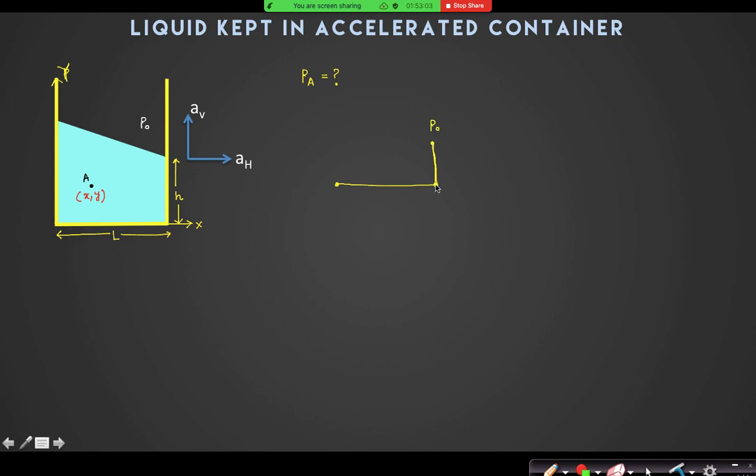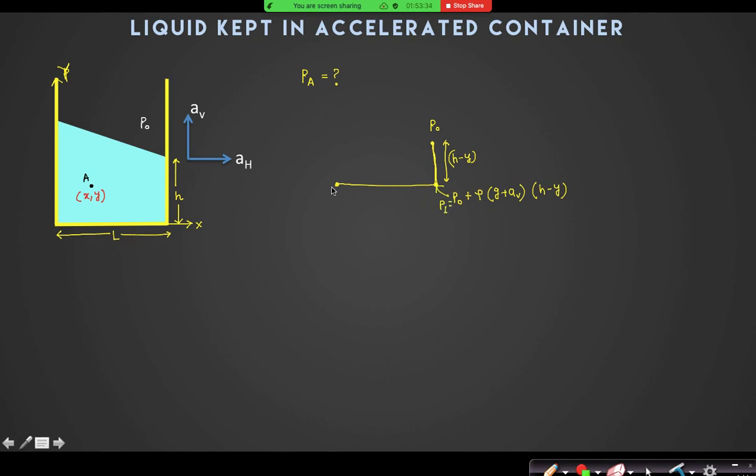Can you tell me what is the pressure at this point? This depth is H minus Y. So if I am coming down, the pressure at this point must be P naught plus rho g effective, which is g plus AV, into H minus Y. Yes or no? Let us assume it to be P1.